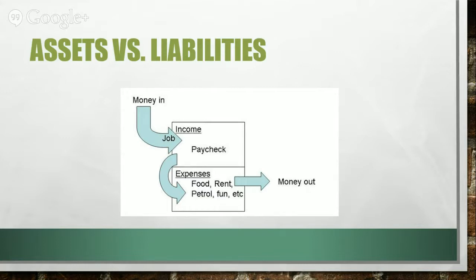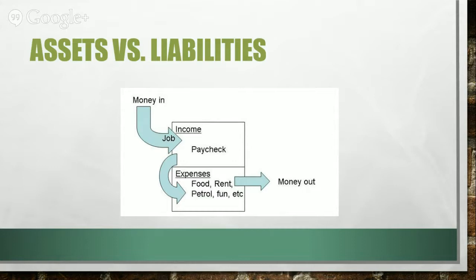The first thing I want to explain is what an income statement is. We'll go into assets and liabilities in a lot more detail, but before I do that, I want to explain the basics. As you can see here, we gave an example with Daisy and Angel, and how their cash flow works. But you'll see here, this is an income statement. At the top, you just see income, and at the bottom, you just see expenses.